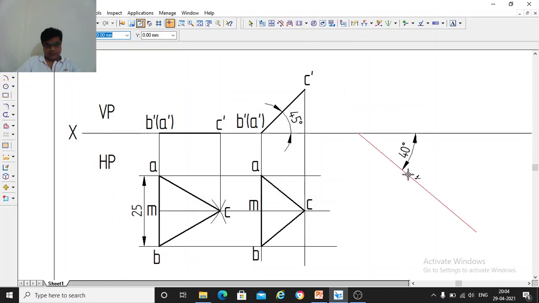So I'll take the point C here. So this is the point C. So to understand, let us be clear. So this point C I have taken here, right? So why is that? We'll see now.